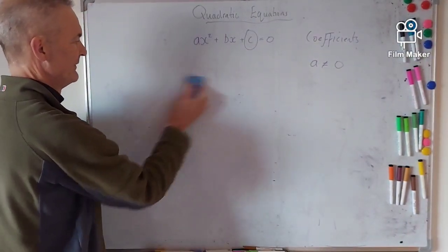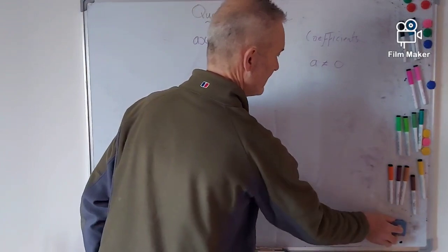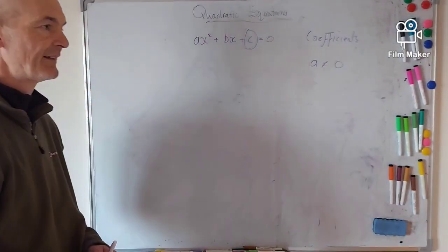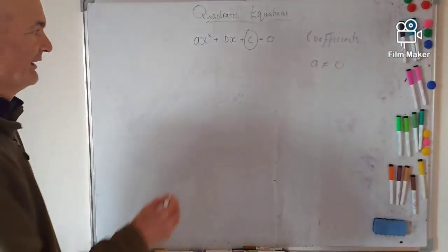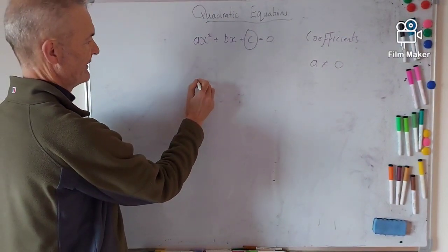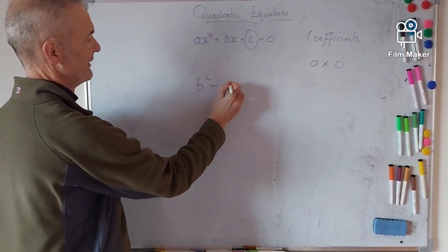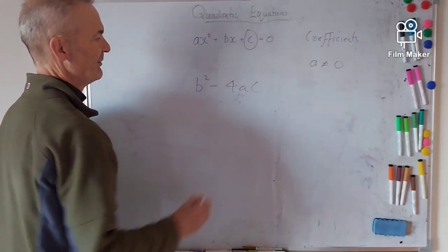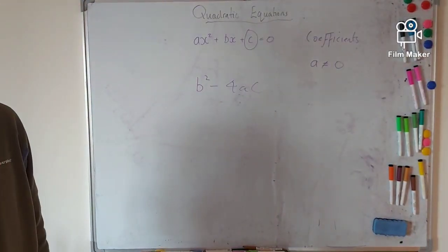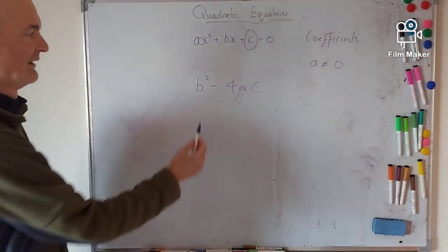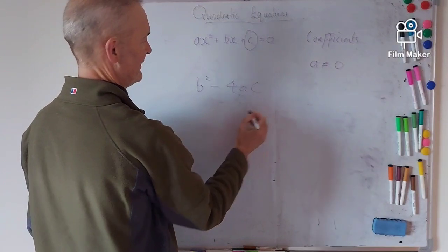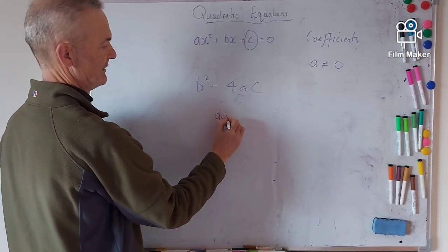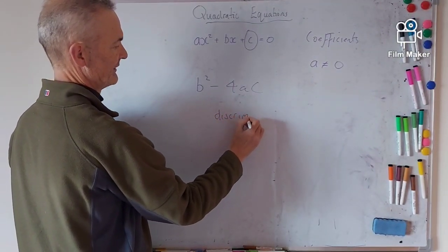Finally, from that quadratic formula, the bit in the root sign, this bit here, is called the discriminant.